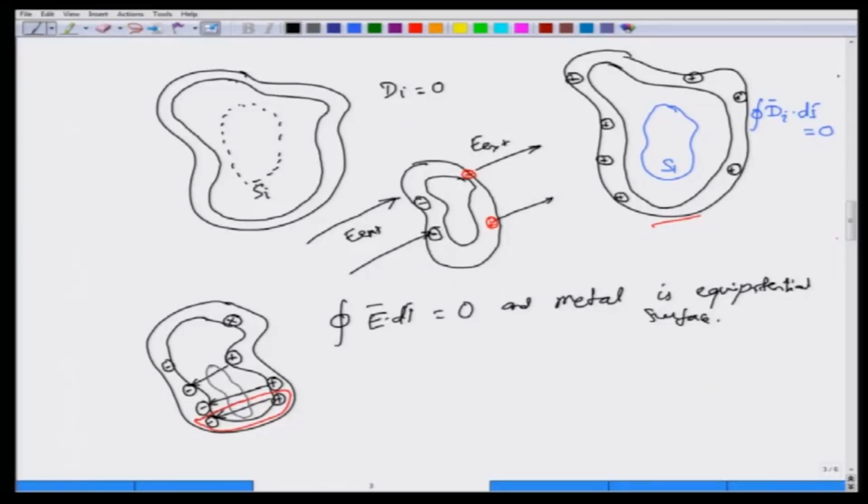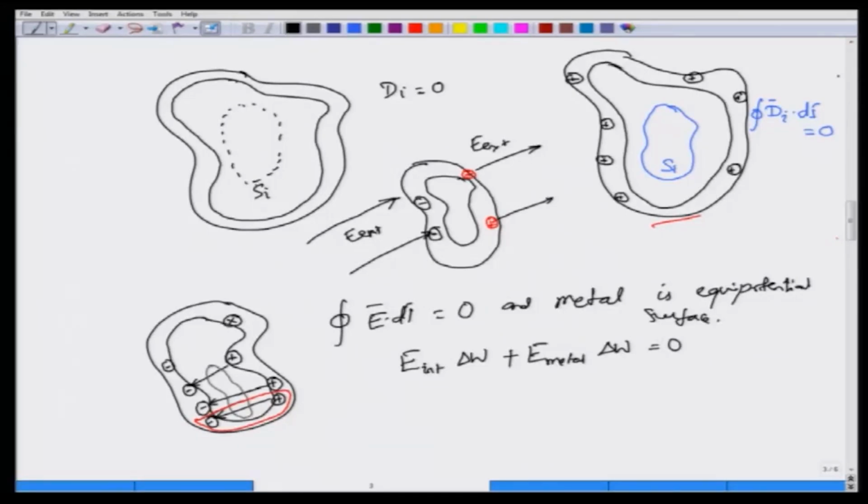So, we take these two facts as our starting point, and now if you apply this line integral equal to 0 to the red colored contour that I have shown, which lies partly in the interior and partly in the metal, you can approximate this integral as E interior times some delta w, where delta w is the length of the path, plus E metal or E conductor times delta w, that must be equal to 0.